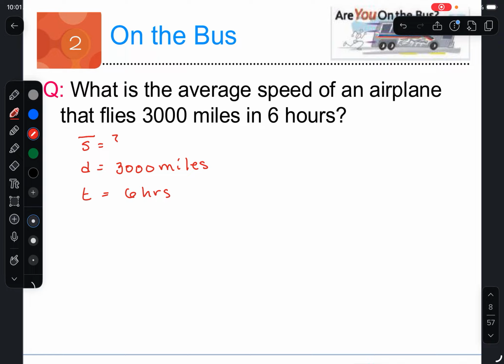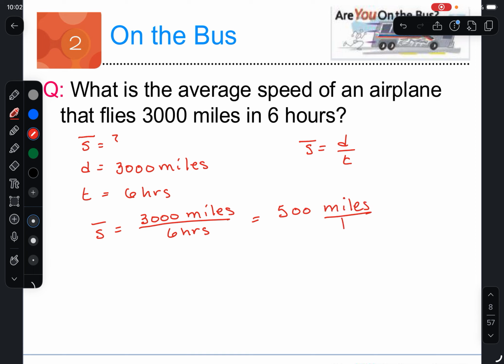So we can look on our formula sheet and we see that average speed is simply distance over time. So your average speed is going to be your distance, which is 3,000 miles, over your time, which is 6 hours. And that is going to be 500 miles per hour.